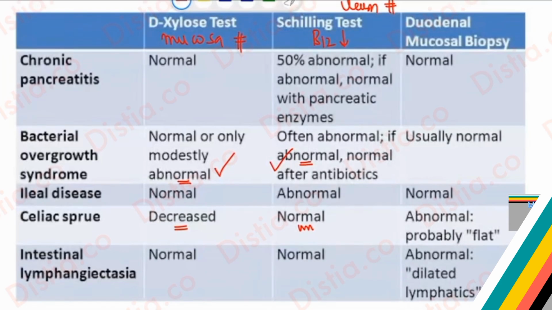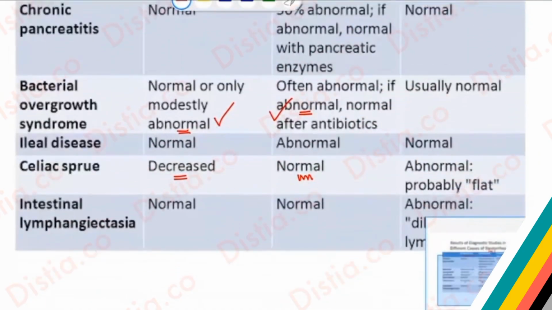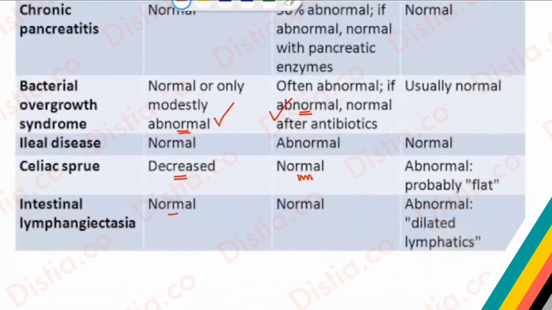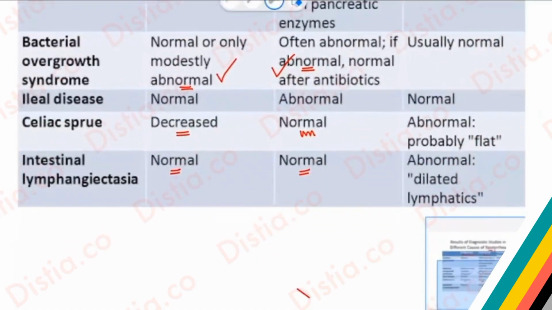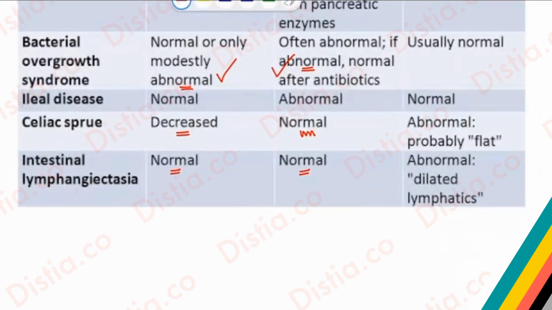The message is that there will be only one MCQ where you will have to answer a particular term where both D-xylose absorption test will be normal, Schilling's test will be normal, and still there is a malabsorption. Well, the condition that I'm teaching you towards the end, so keep the focus on, is called intestinal lymphangiectasia. As you can read from the word lymphangiectasia, it means malformation of the lymphatic channels in the gut.